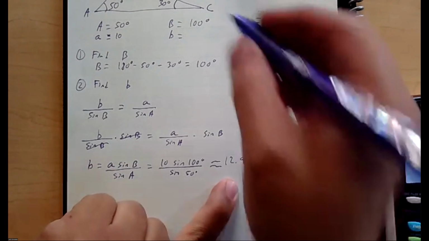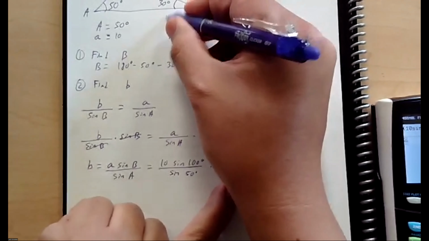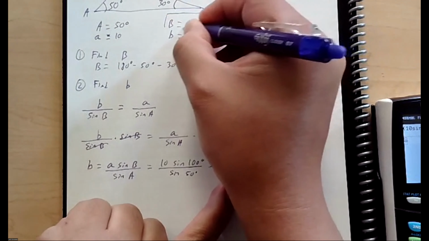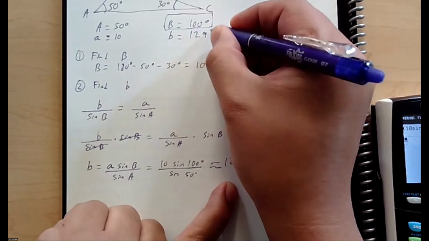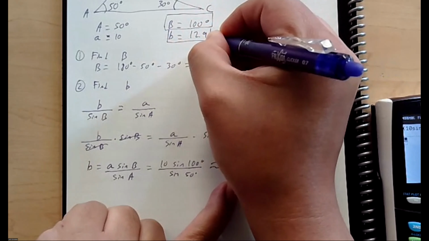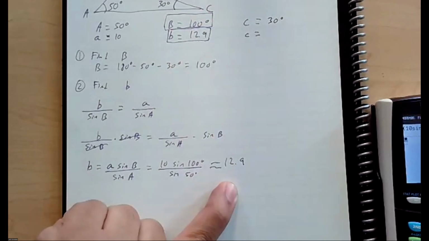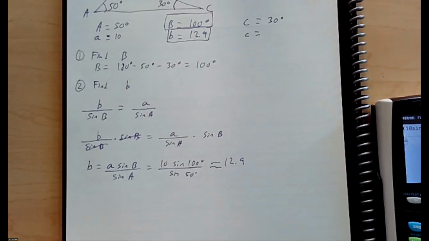That's it. I'm going to go ahead and box the stuff we solved for, so I know later what was given and what wasn't. All right. We have b. Now we need c.